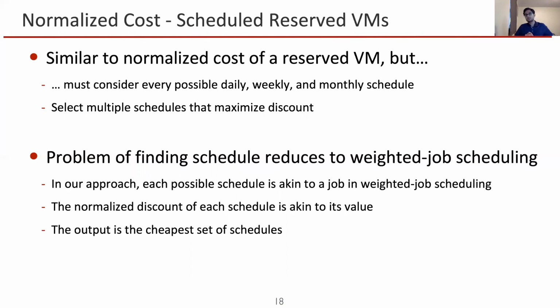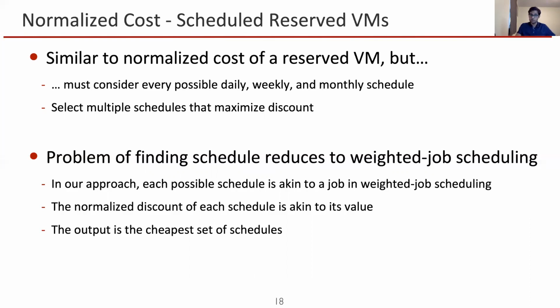Here, we reduce this problem of finding schedules to a dynamic programming problem, weighted job scheduling, where the task is, given fixed compute hardware resources, we need to select multiple jobs to run on that hardware to maximize value, where each job is associated with a value.